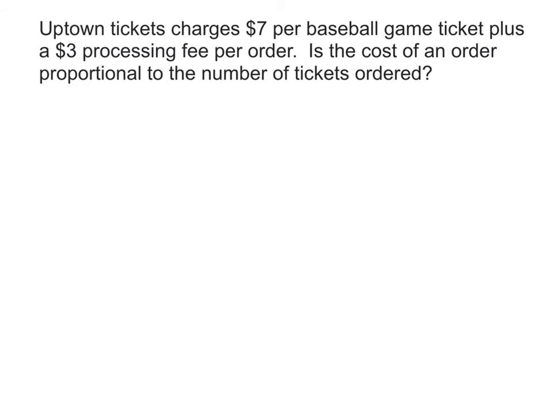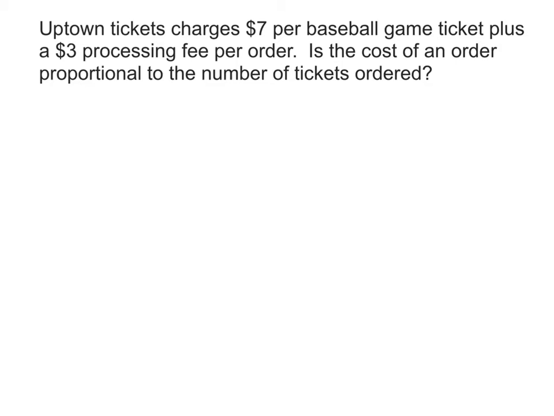Now, let's take a look at this problem. I am actually going to pause the recording while I type this. So the next thing you see will be a question popping up. Okay, so here's the question. Uptown Tickets charges $7 per baseball game ticket plus $3 processing fee per order.